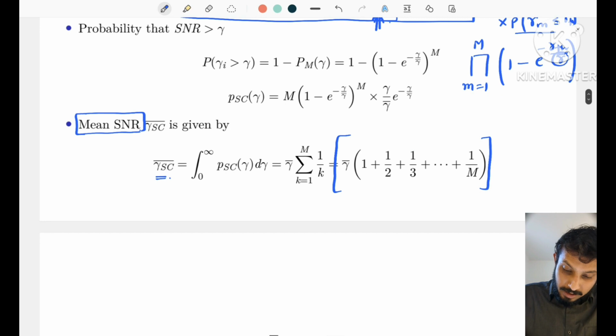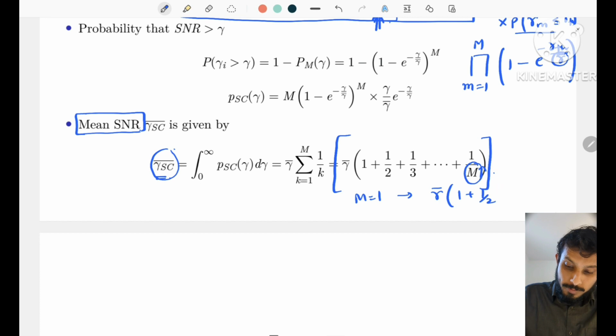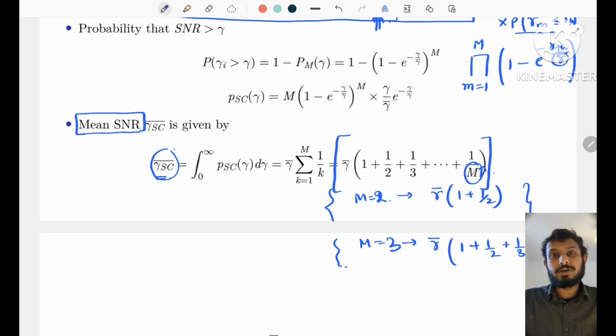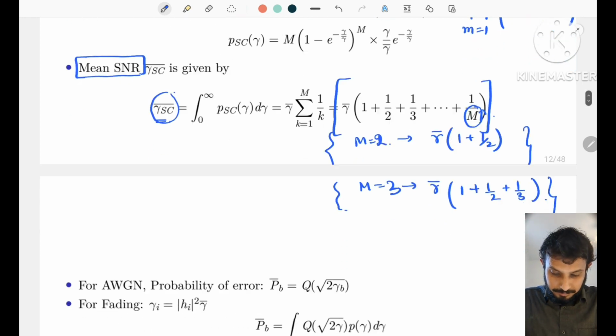As we increase the number of antennas at the receiver, this mean SNR will always increase, because when M is equal to 1, we have gamma bar; when M is equal to 2, we have gamma bar times 1 plus 1 by 2; when M is equal to 3, we have 1 plus 1 by 2 plus 1 by 3. There is always an increase in the mean SNR when we increase the number of antennas.